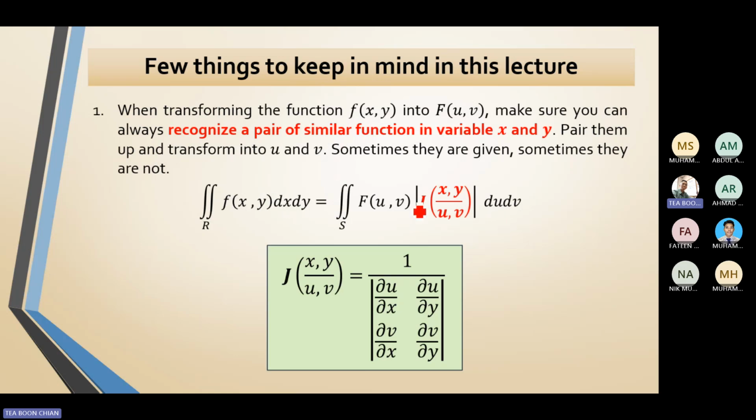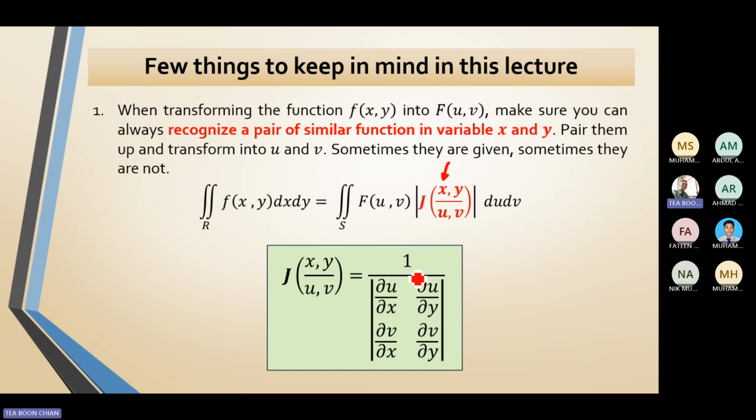So again, for the UV transformation, there are a few things that you have to keep in mind. First and foremost, the UV transformation involves the Jacobian. This is the Jacobian that I believe all of you are already familiar with.